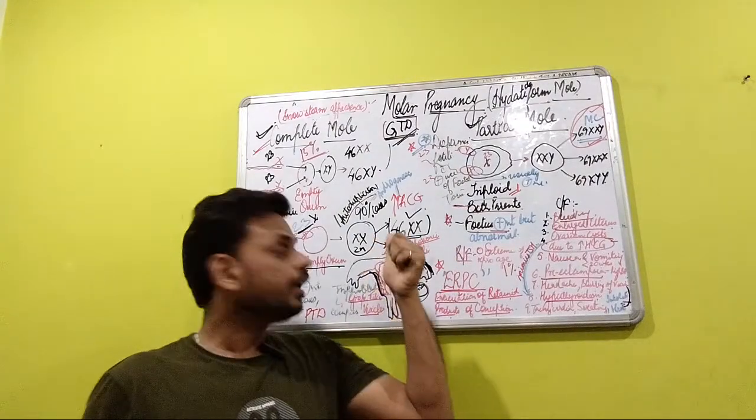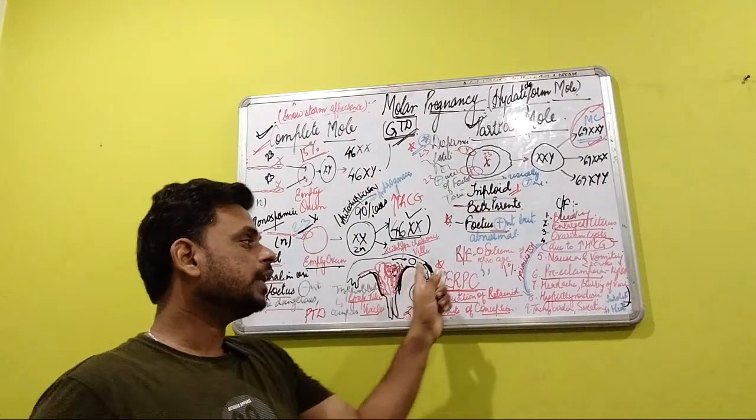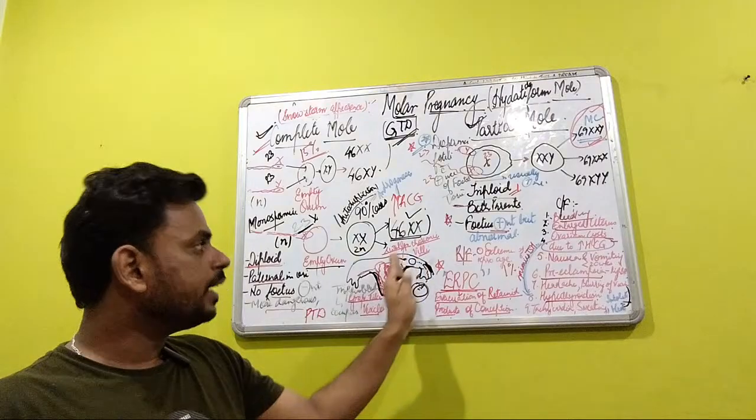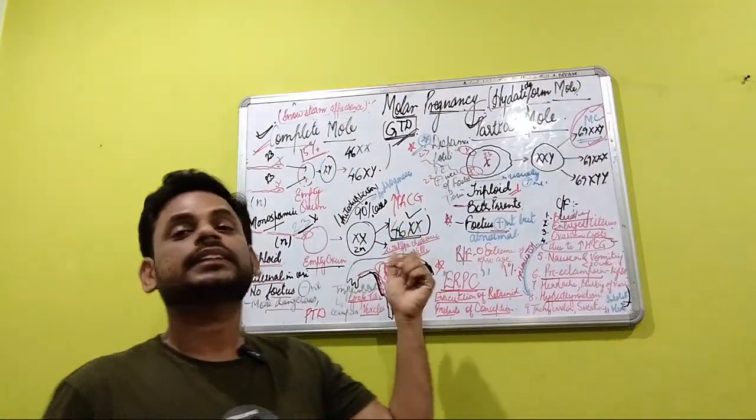The most swollen portion of the fallopian tube is called the ampulla, whereas the joining of the ampulla and the fallopian tube is called the infundibulum.